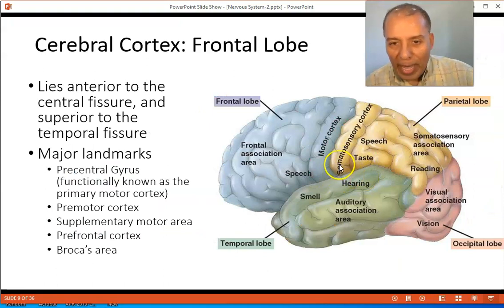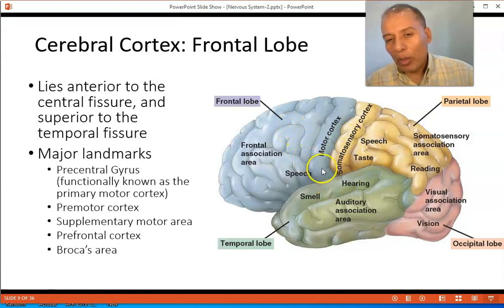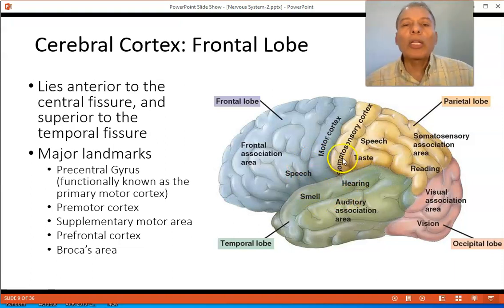Here, the angle, the point where the frontal lobe, the parietal lobe, and the temporal lobe meet, these are called the opercula. Operculum means lid, means cover. So they cover the insula.